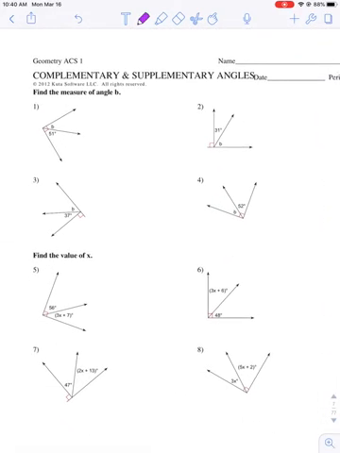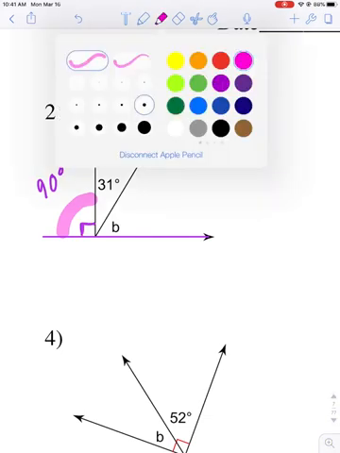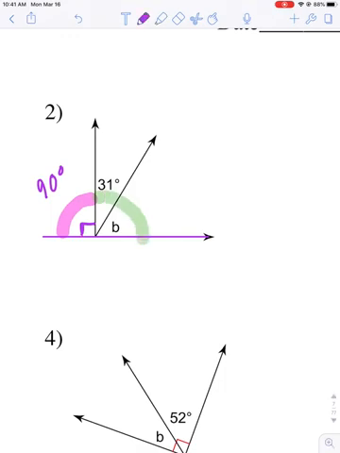On these pages, we're always going to be using algebra. That's going to be the expectation. And I'm going to model how to show work. I'm going to show you on problem 2. I can see that here's a straight line. If I know that this much is 90 degrees because of this little right angle symbol here, I know that the rest of it must also be 90 degrees, because together those pink and green parts have to add up to 180.